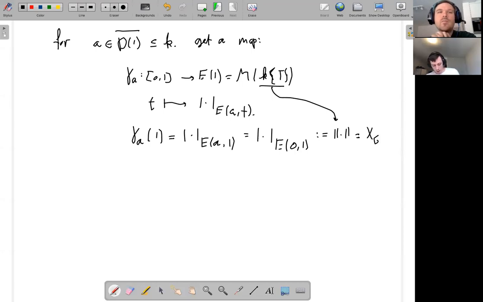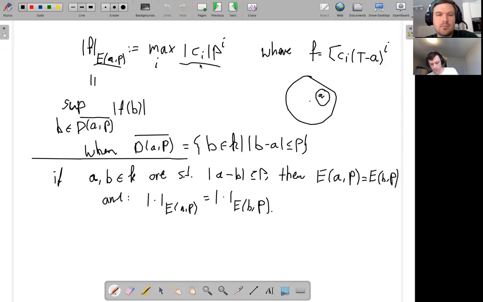And at 0, all you do is you take just C0 in this notation, because now P here is 0.